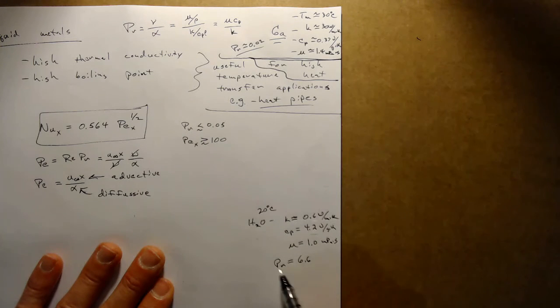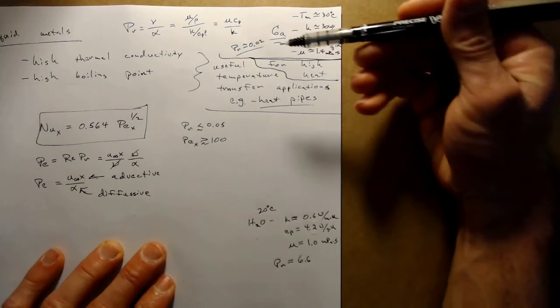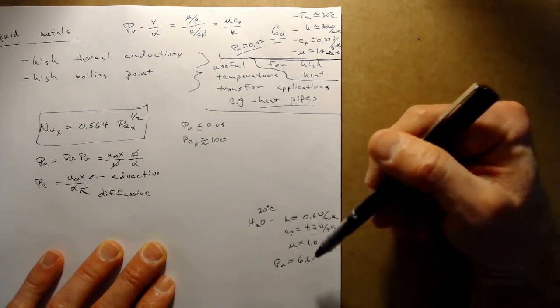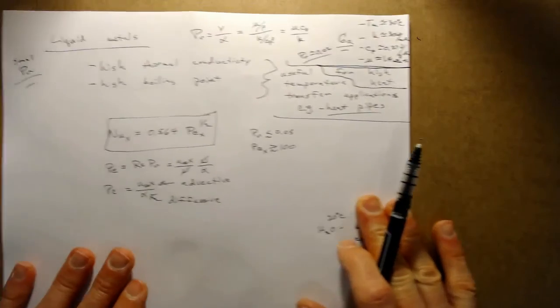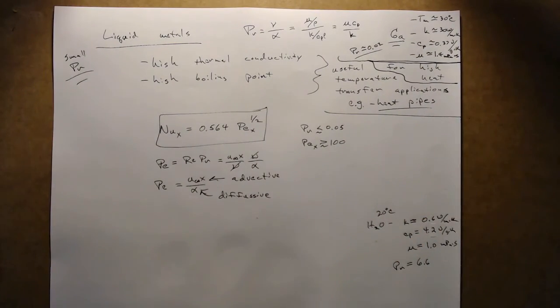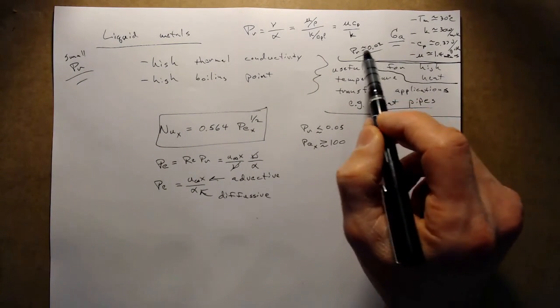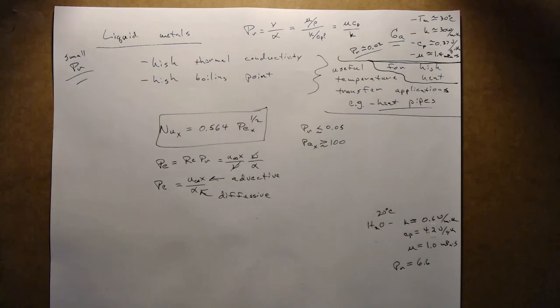And so if we calculate the Prandtl number for water at room temperature, 20 degrees C, we get a Prandtl number of about 6 or 7. So we see here that we're over 2 orders of magnitude, over 100 times smaller Prandtl number. And so that condition puts the Prandtl number much lower than the validity range for what we had considered previously for our laminar solution.